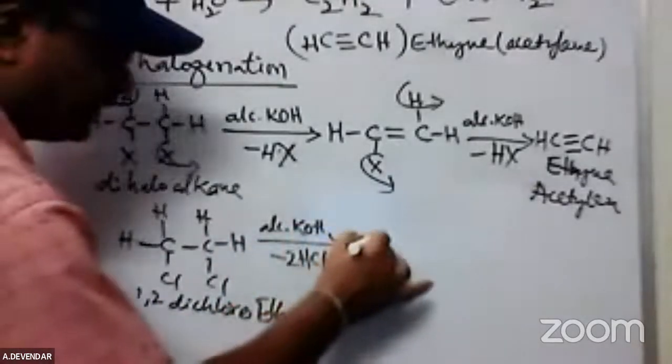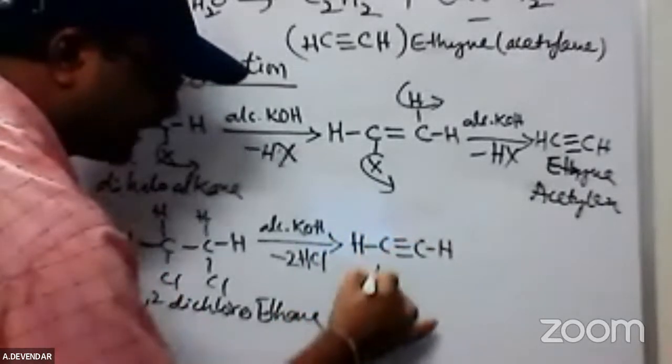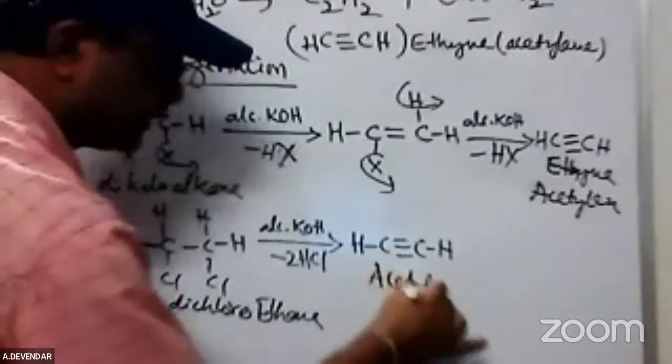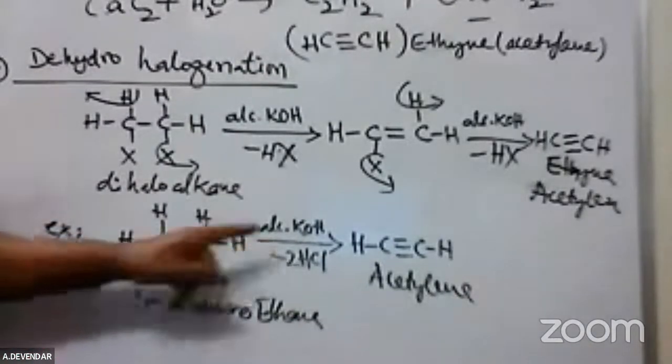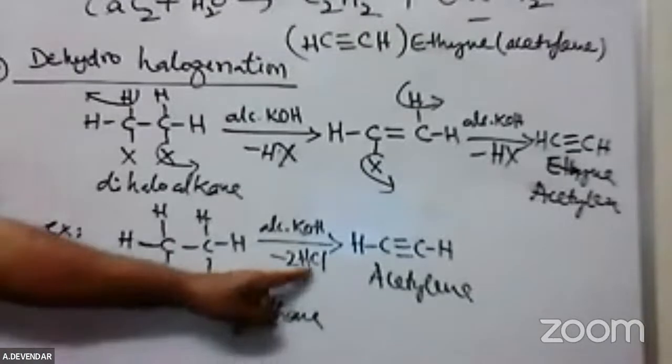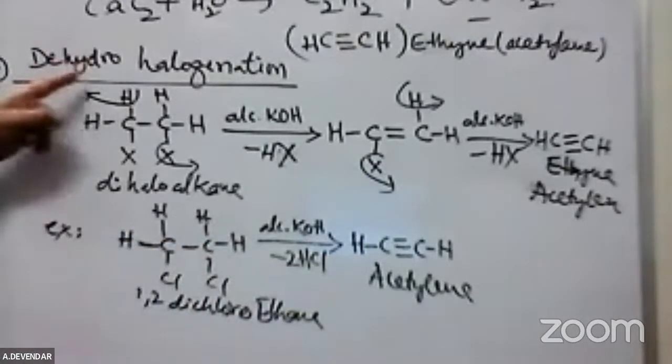So you are getting CH triple bond CH, acetylene. This is an example of dehydrohalogenation.